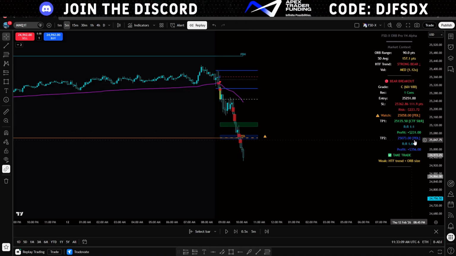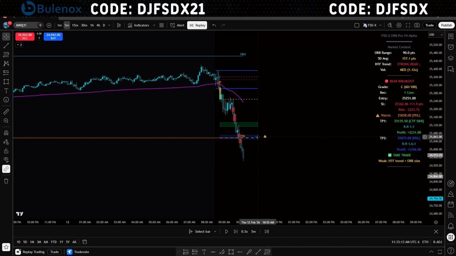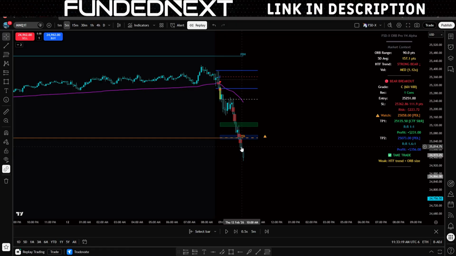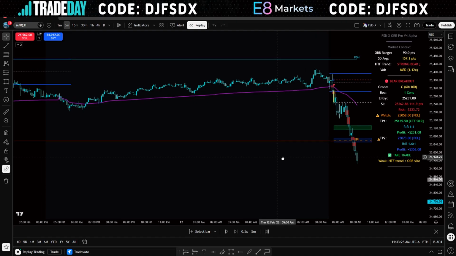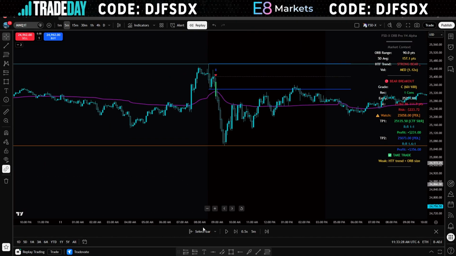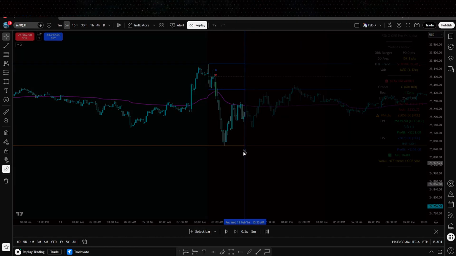And then previous day low was the TP2. And then we have our watch level at previous day low. So it said, okay, I don't really see any levels that are going to be an issue, but for this morning, it just went ahead with the previous day low because it was one of the strongest ones. Let me show you one more example of this.